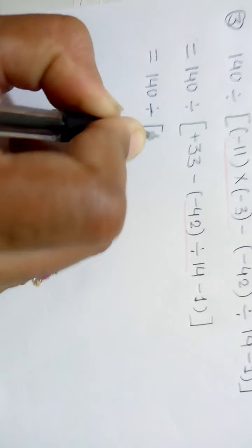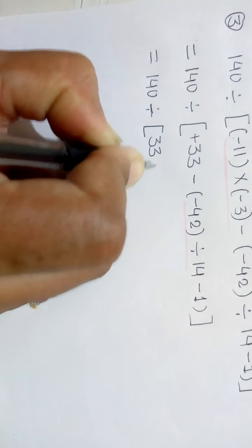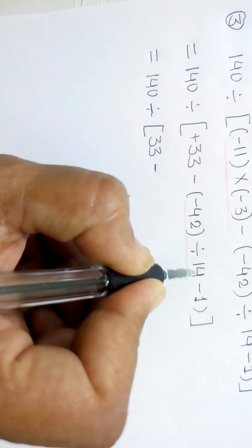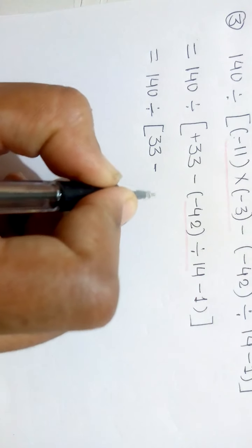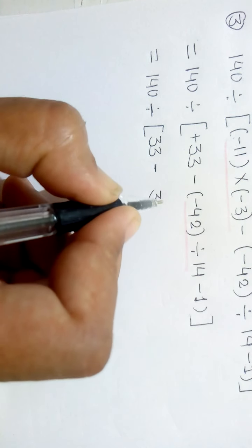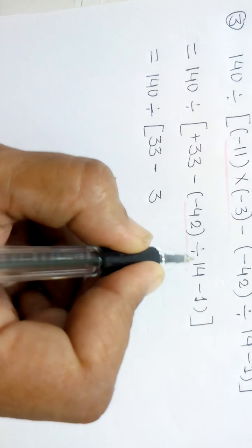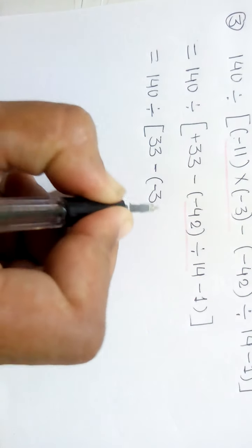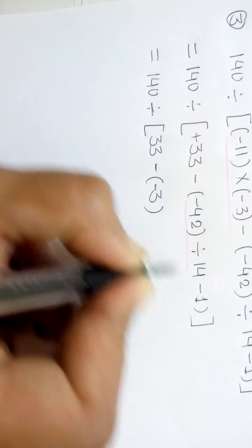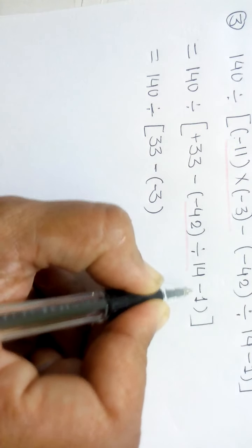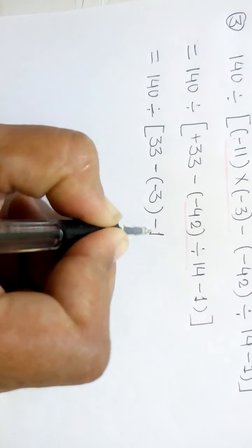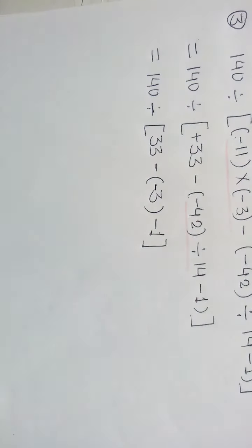So in the bracket, 33 minus this operation, 14 3s are 42, so here it will be 3. Then what about the sign? Here minus, here it is plus, so it will be minus 3. Then what remains in the bracket? Minus 1. So write here minus 1 and the square bracket is complete.